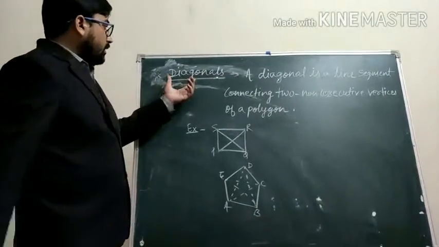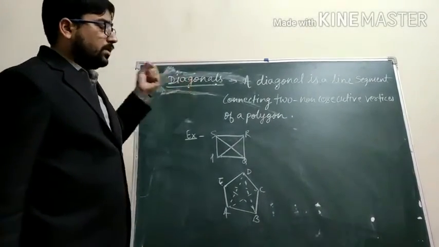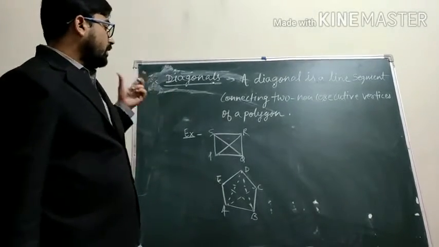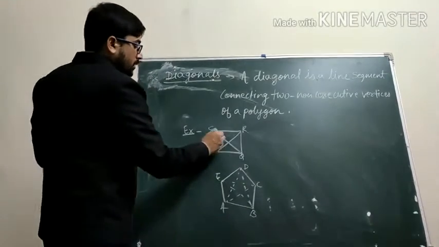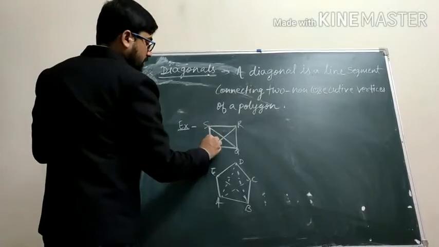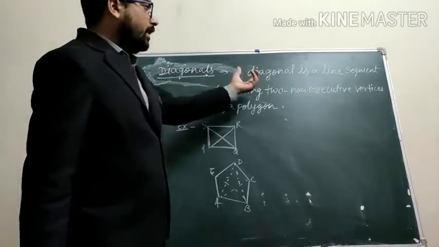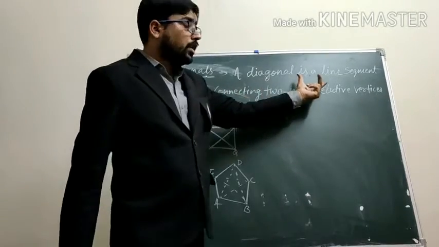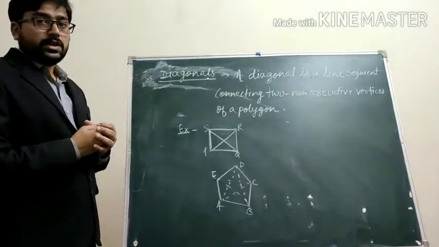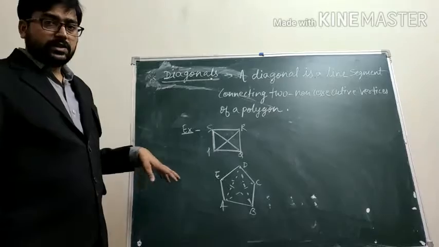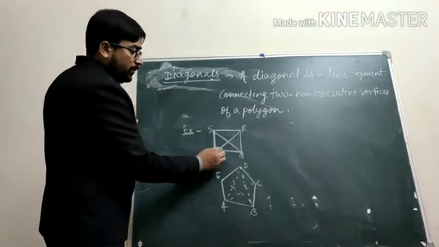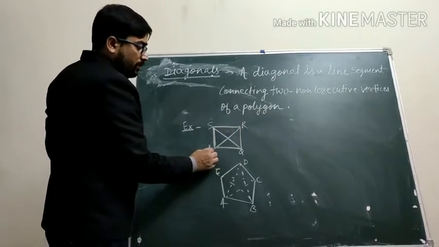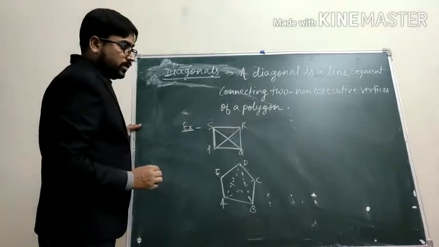We already learned what is diagonal, but concept of diagonal in this chapter is important. A diagonal is a line segment connecting two non-consecutive vertices. Non-consecutive vertices means in this figure P, Q, R, S. P, R are non-consecutive vertices.